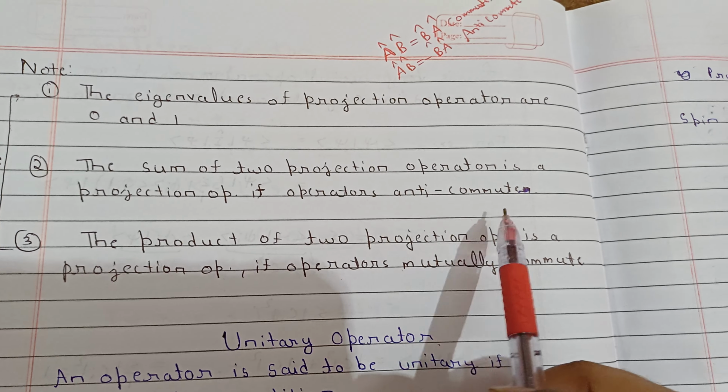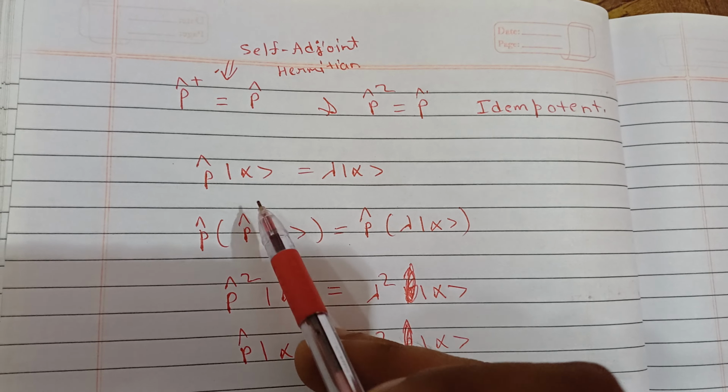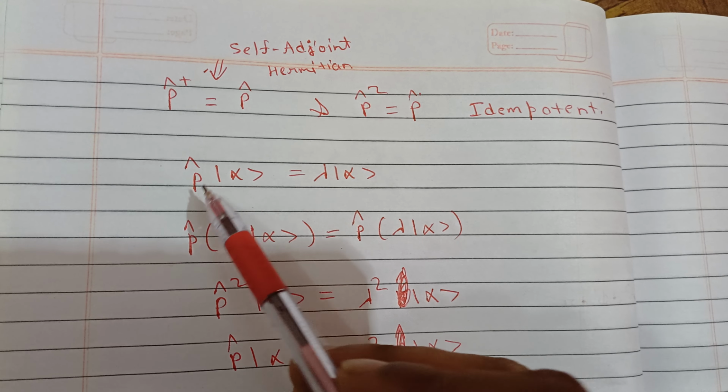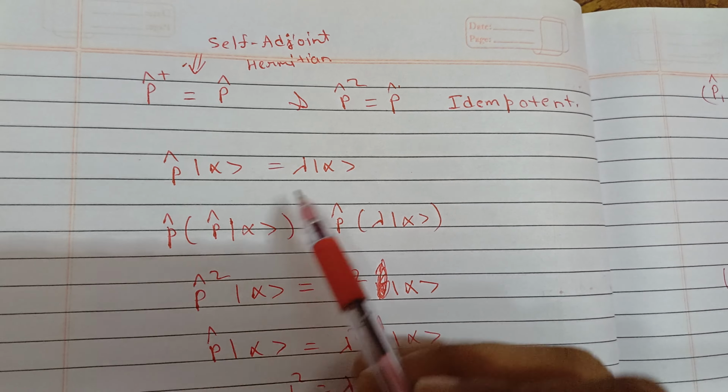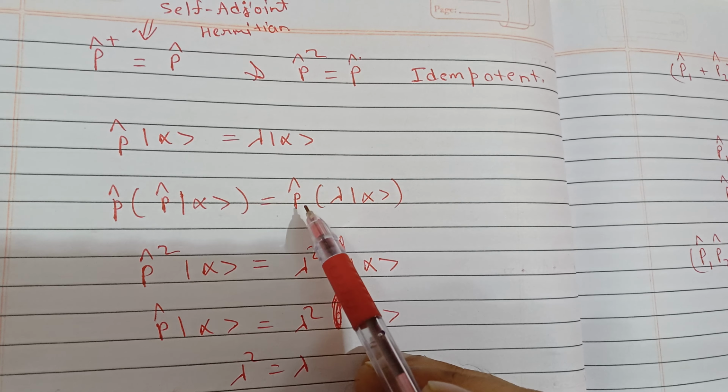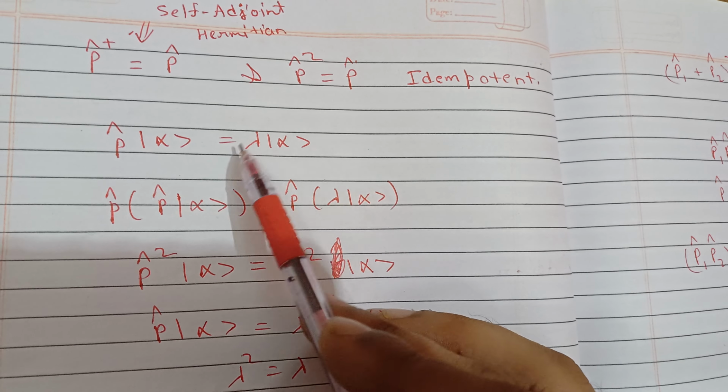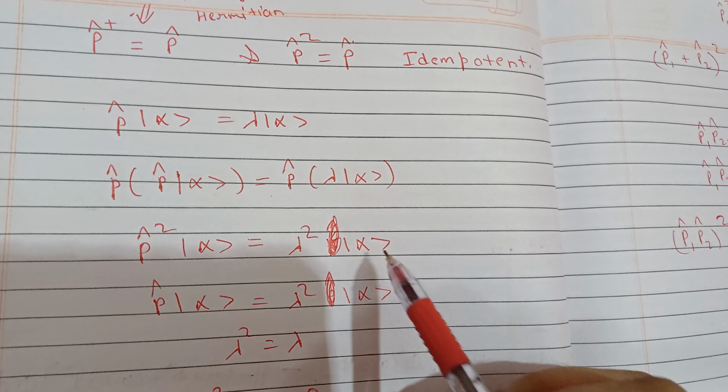Now let's find the eigenvalues of the projection operator. Let's say alpha is the eigenstate of this projection operator, so P operating on it gives lambda alpha. This lambda is the eigenvalue. Now let's operate P again on both sides. It will give you P squared alpha on the left, and on the right, since lambda is a scalar, it comes outside, and P operating again on alpha gives lambda alpha, so it will be lambda squared alpha.